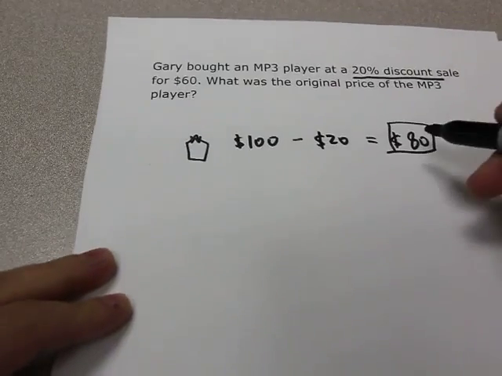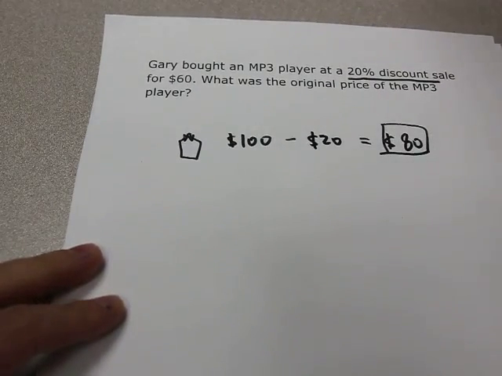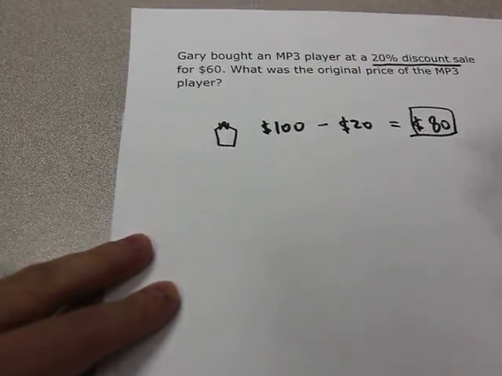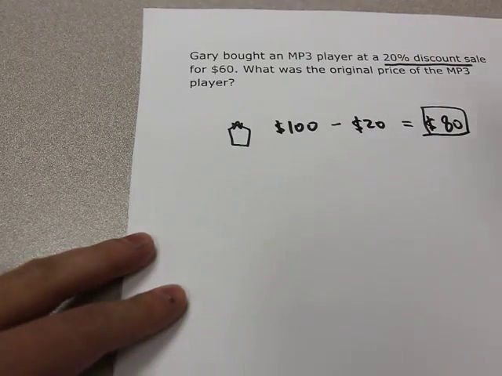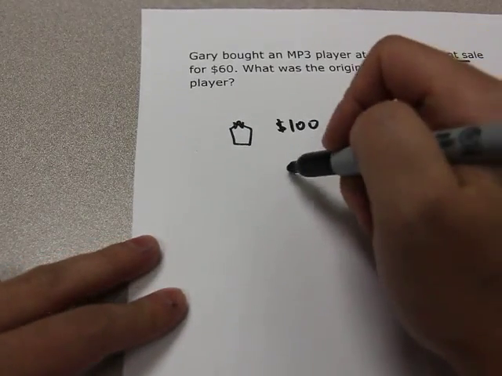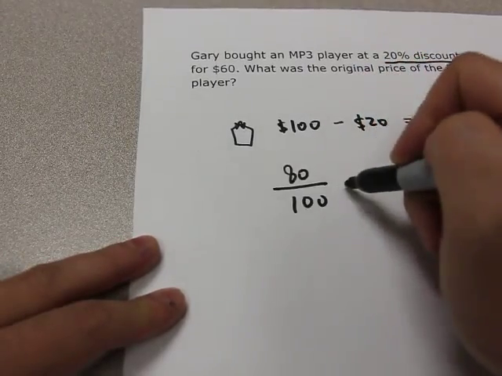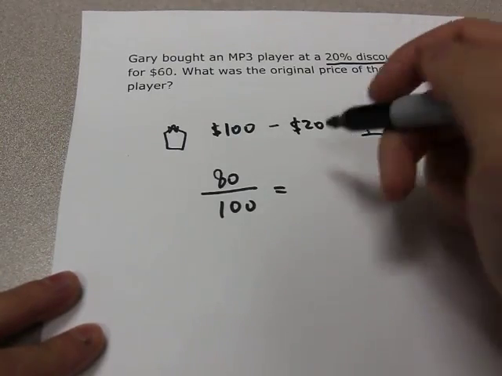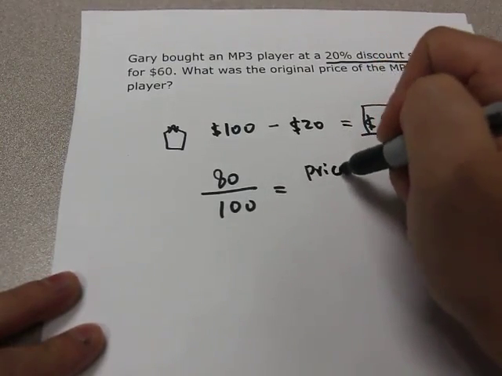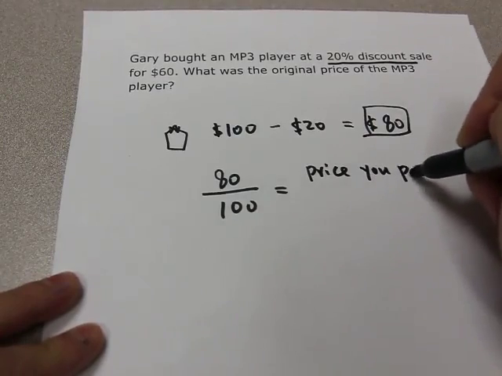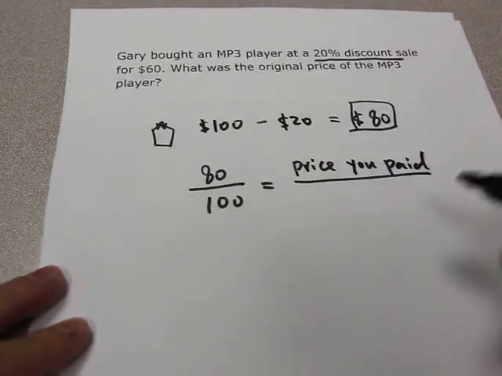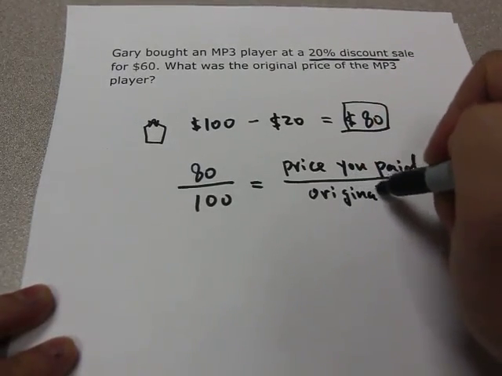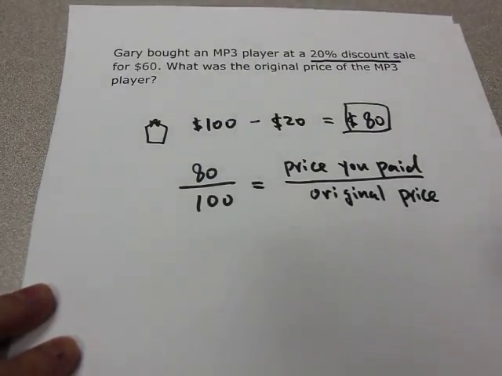So $80 is the amount of money you will pay for this clothes, and the $100 is the original price. Now, if we consider the ratio of these two numbers, and again, remember, 80 is the price you pay, and $100 is the original price.